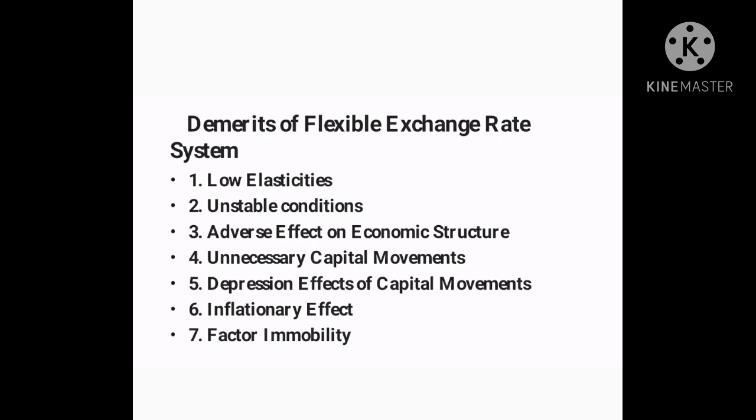The immobility of various factors of production deprives the flexible exchange rate system of its advantages arising from the adoption of monetary and other policies for maintaining internal stability. Such policies produce desirable effects on production and employment only when supply of factors of production is elastic. So these 7 points are the demerits of flexible exchange rate system.